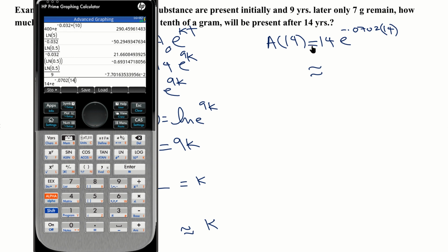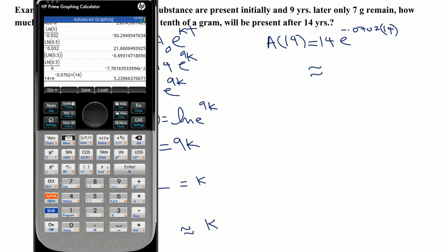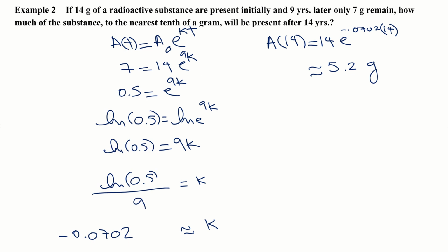Quick check, 14 e to the negative 0.0702 times 14, okay? Once we hit enter, we get that much left to the nearest tenth of a gram, so approximately 5.2 grams should be left after 14 years.